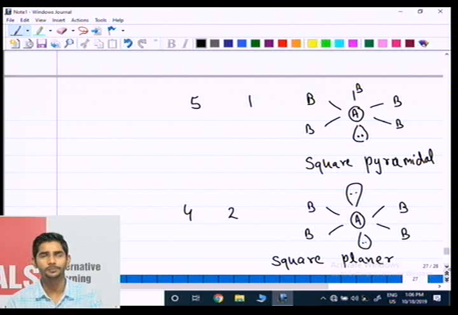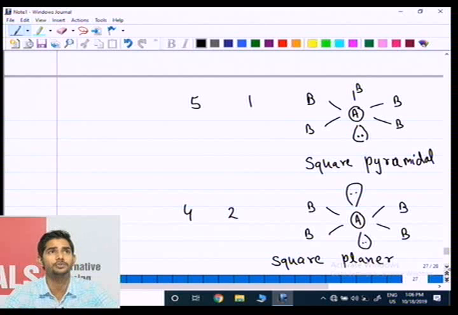We have got the last shape, guys. After that, we will wind up this one, and in the next class, I'll tell you how to draw the shapes, how to use this table.